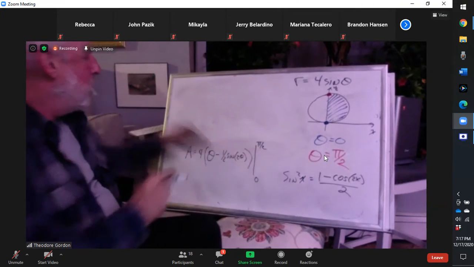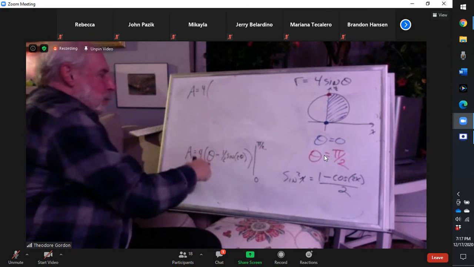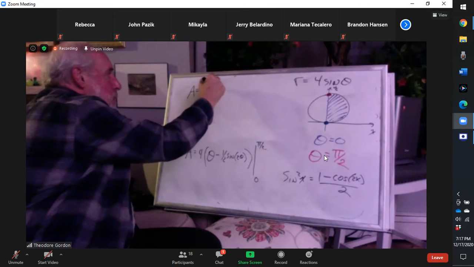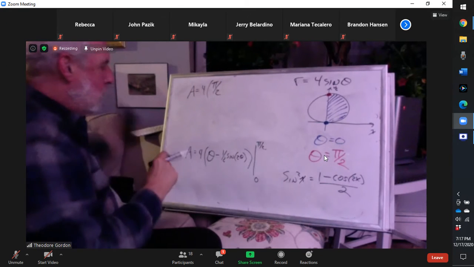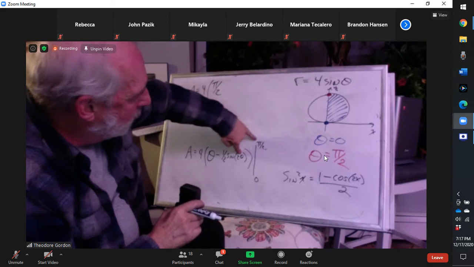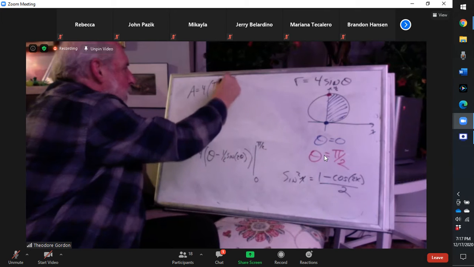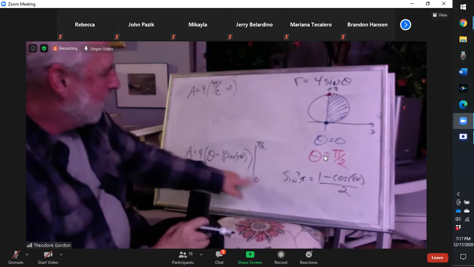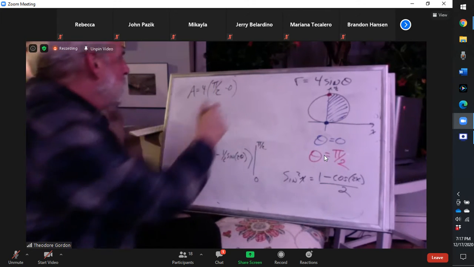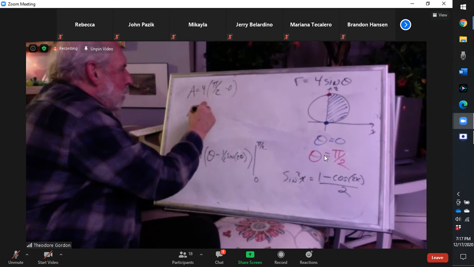So we put pi over 2 in here. Pi over 2 for theta. Theta is pi over 2. We put pi over 2 in here. 2 times pi over 2 is pi. The sine of pi is 0. So we just get 0 here. And when we put zeros in here, we get 0 again. So our answer is 4 times pi over 2.